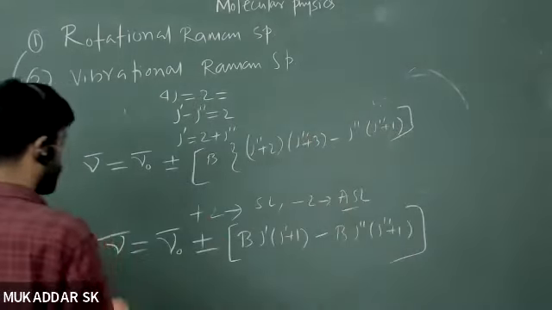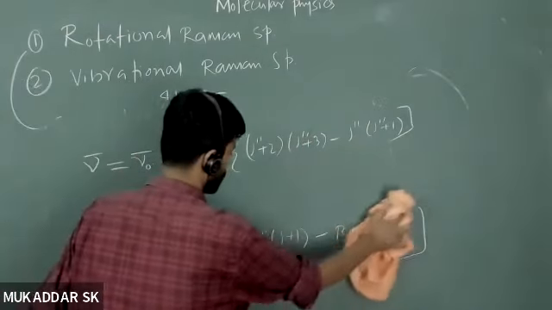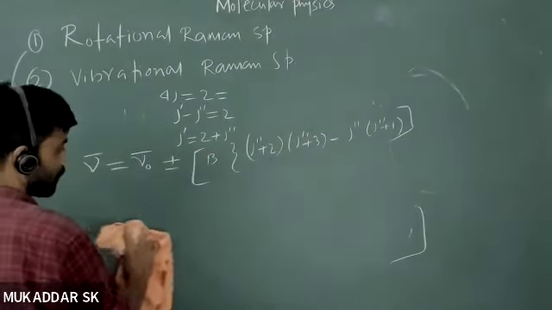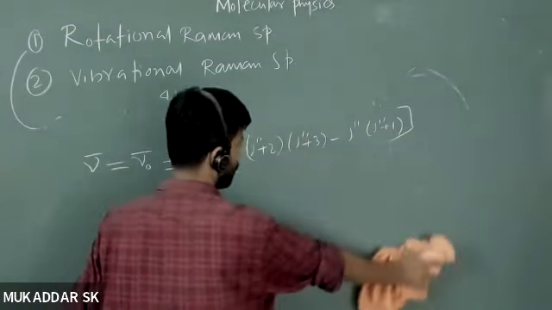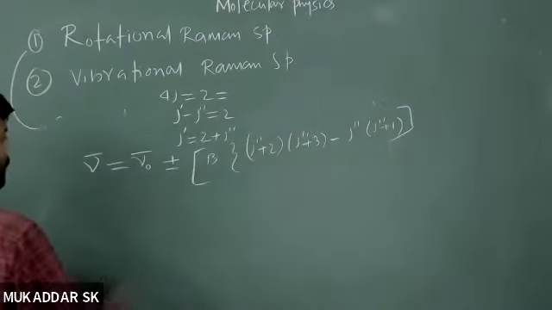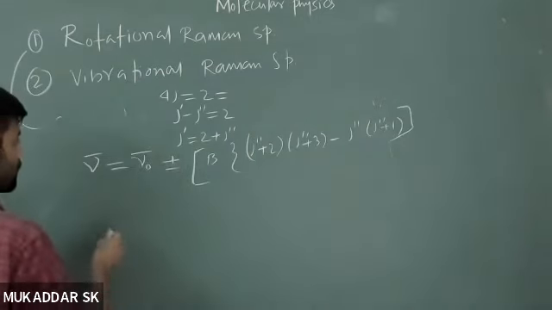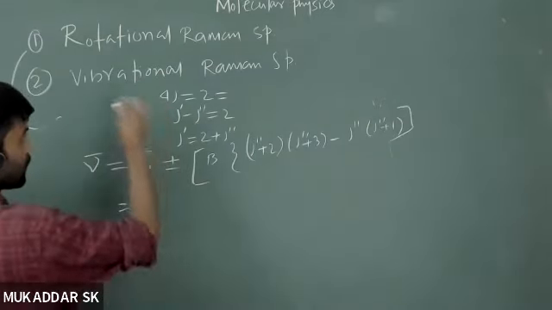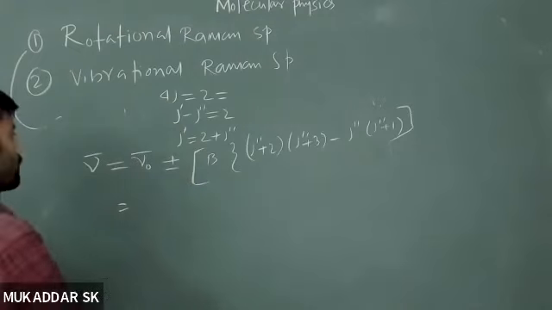Okay. Separately you can check for the anti-Stokes line also. मैंने separately नहीं check किया, प्लस माइनस ले लिया. ठीक है, you can take that selection rule delta J plus 2, minus 2 and you can check also.